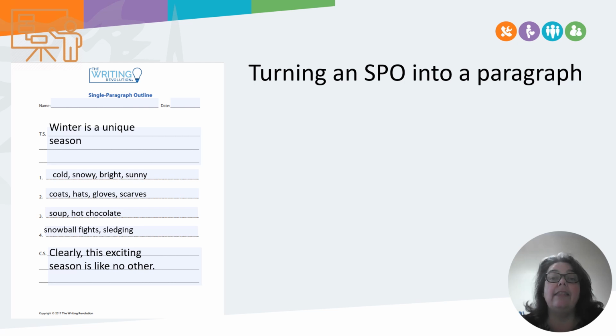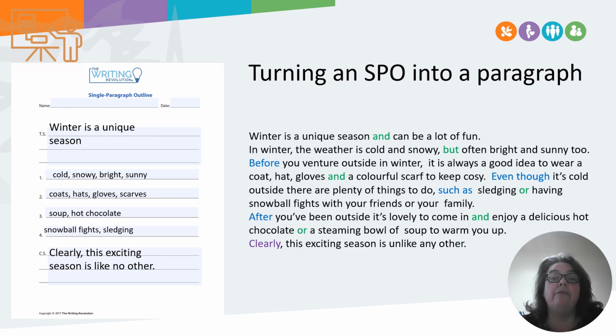The outline can then be used to create the paragraph, with the topic sentence copied exactly from the plan and the supporting details turned into sentences, with the learners applying their skills from the sentence level. In this case, the use of coordinating conjunctions and subordinating conjunctions as sentence openers, and finish with the concluding sentence being copied directly from the plan.